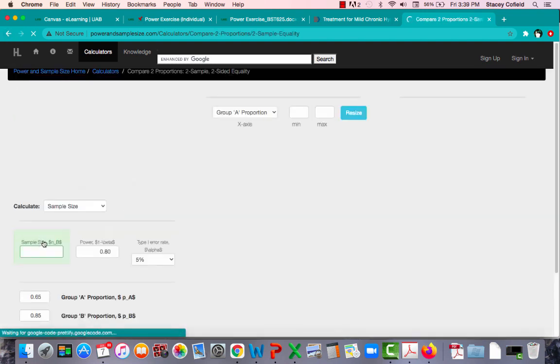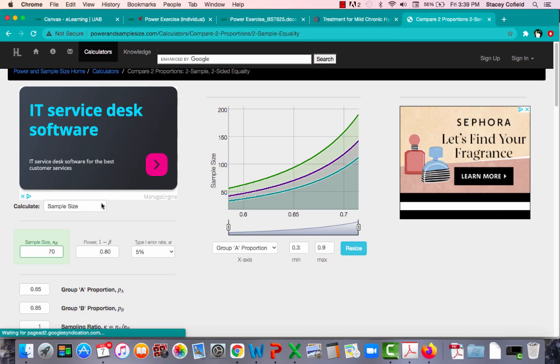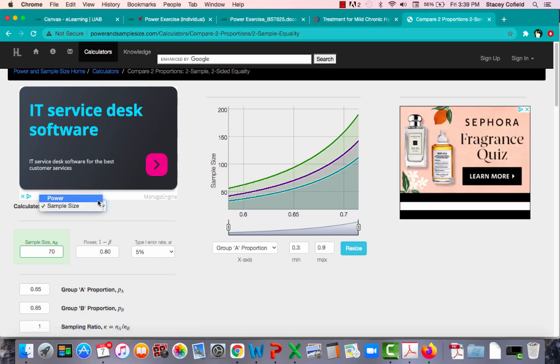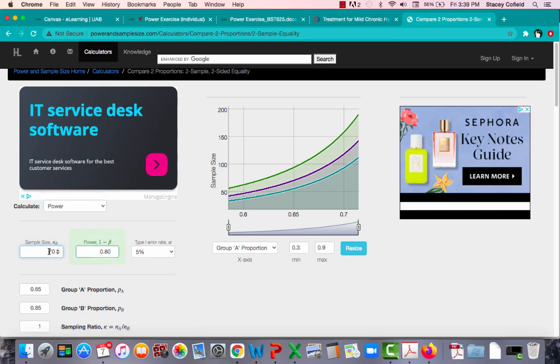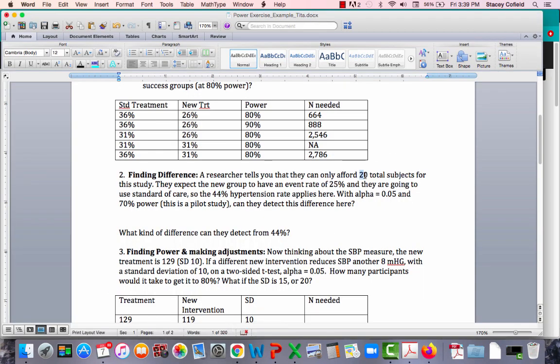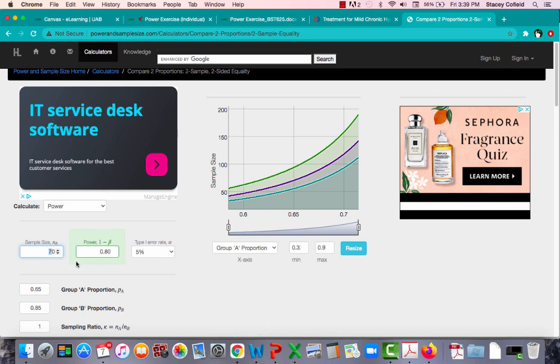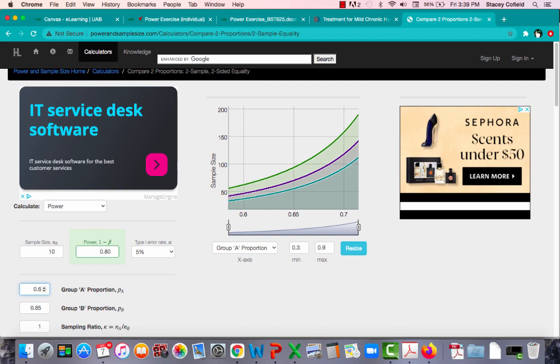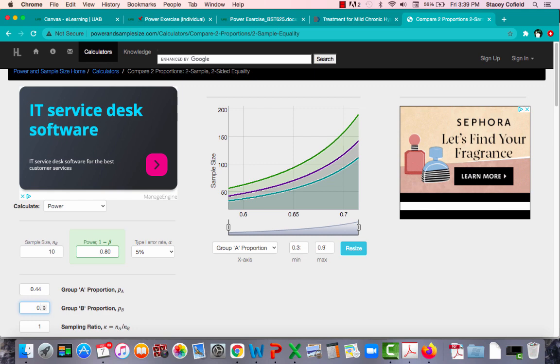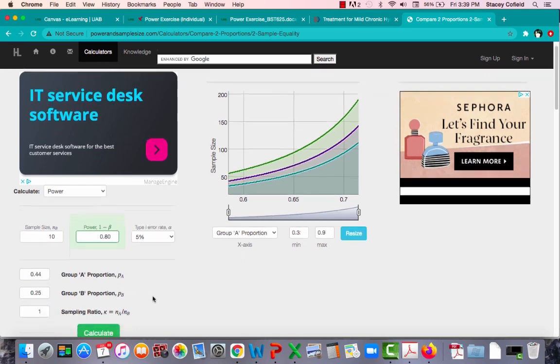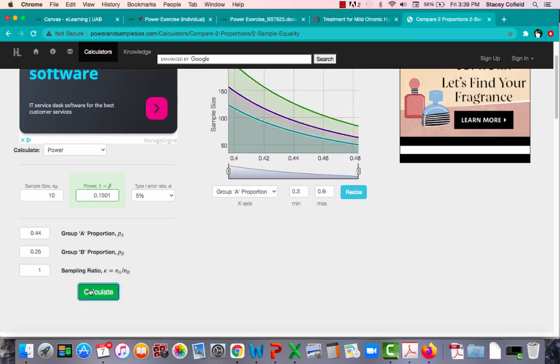So 2 sample 2 equality, and I'm going to look for power because I know my sample size is fixed. My sample size is fixed at 20 total subjects for this study, which means 10 per arm, and I want to see what the power is with 44% here and my new group being 25%, 1-to-1, and I'm going to calculate.